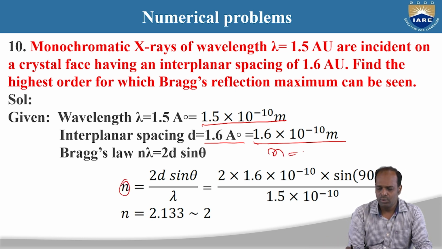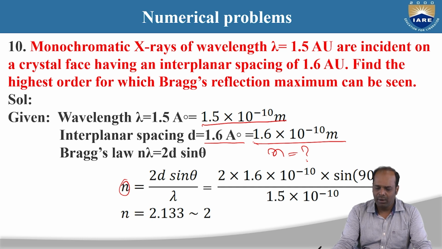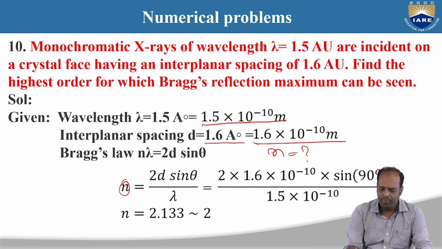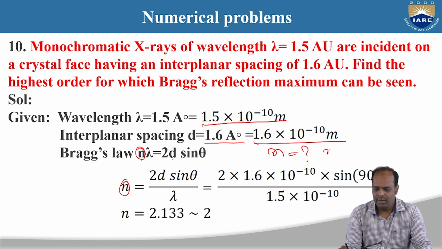N is equal to how much? What are the parameters they give? Means n lambda is equal to 2d sin theta. So n they are asking. So n is the unknown parameter. So how can we write? N is equal to 2d sin theta by lambda.